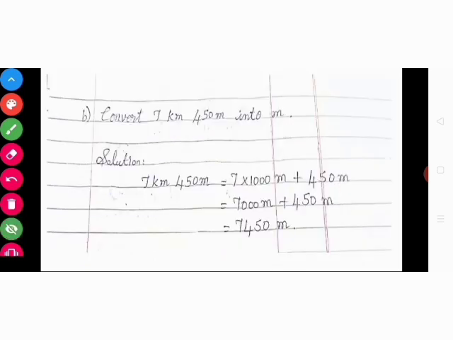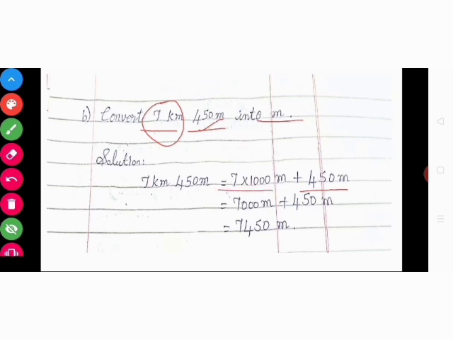Look at another example. 7 kilometer 450 meter. Convert into meter. Yes children, so already 450 is mentioned in meter. So as such you write plus 450 meter. This 7 kilometer alone you want to convert into meter.